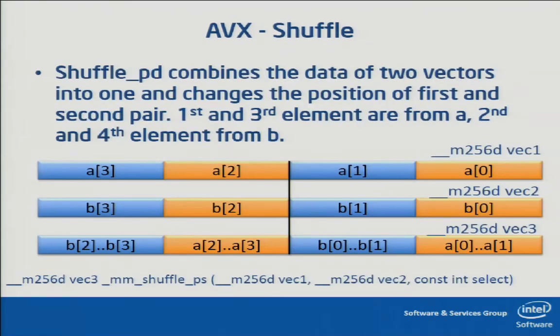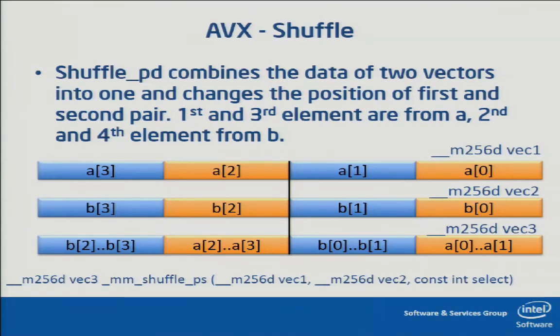Now that is kind of useful, but sometimes you also need to flip positions in vectors. And therefore, there's a little bit more complicated instruction called a shuffle. A shuffle can change positions between two of these elements, but not across a lane. The lane is basically what is left over from the previous SSE instruction set. So SSE was basically this size, and the lane boundary divides these two lanes, and we can't shuffle across the lane.